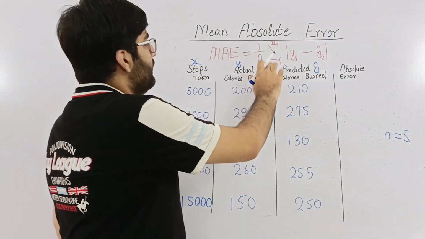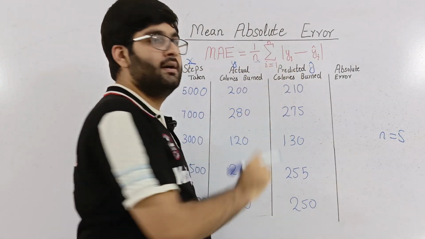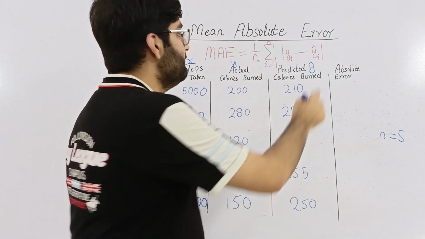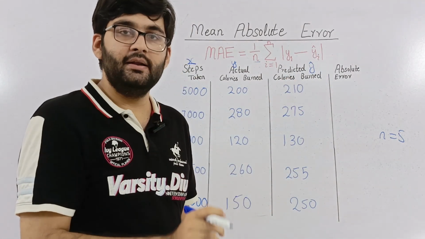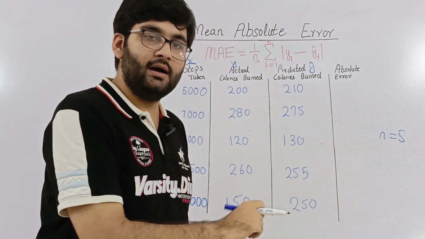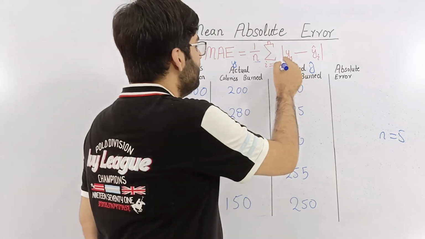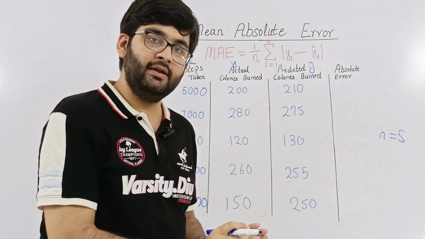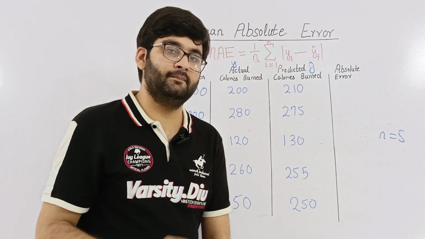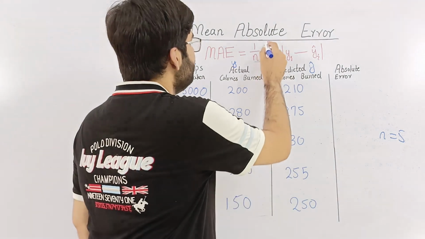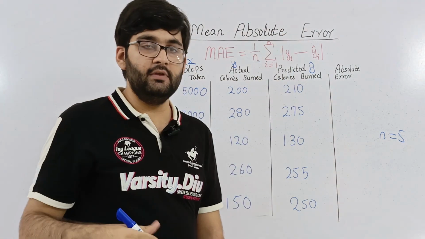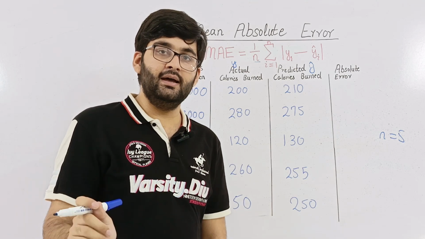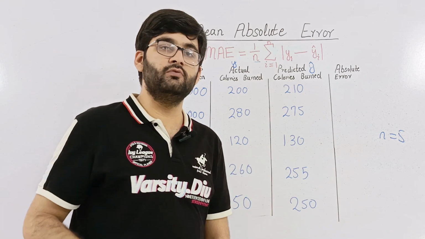Next, here Y is the actual value of the target variable and Y hat is the predicted value of the target variable. This is the absolute difference between the actual value and the predicted value, and the summation sign means that we want to sum up the absolute difference between the actual value and the predicted value for each row in the data set.